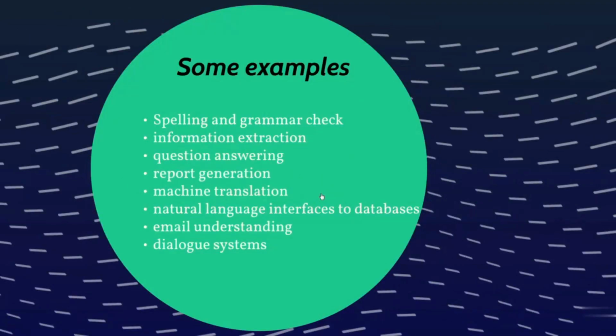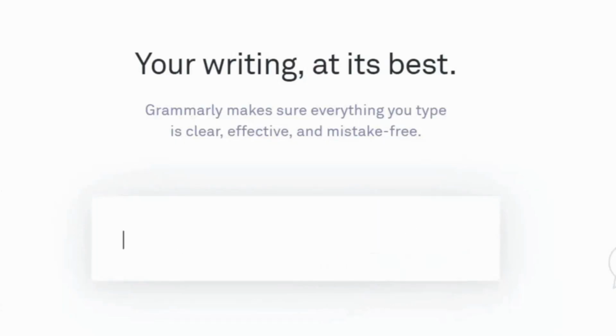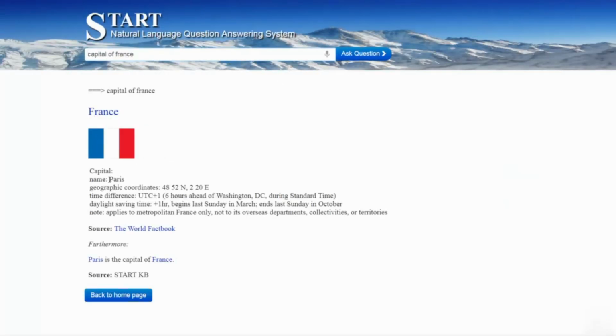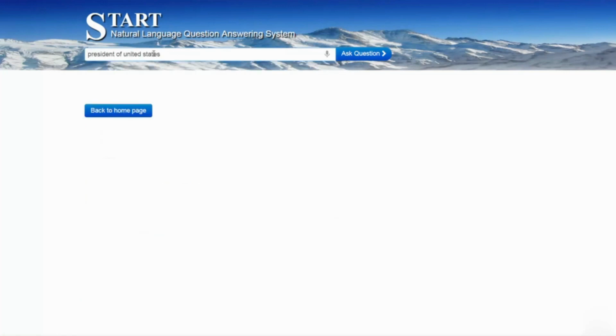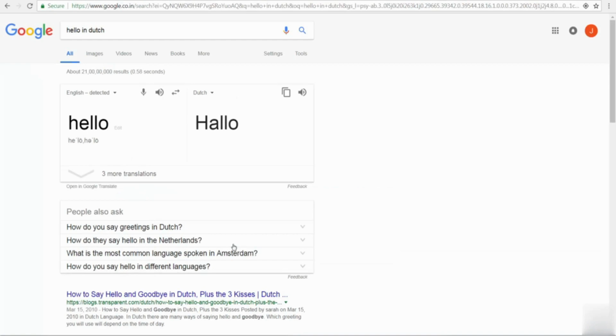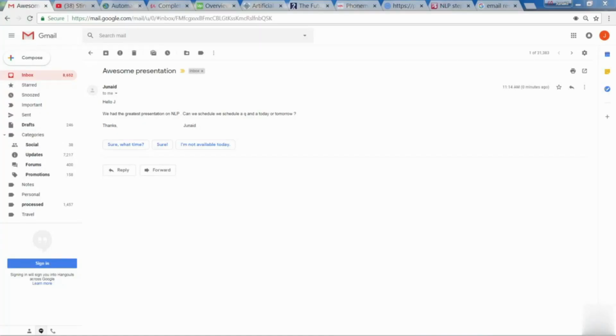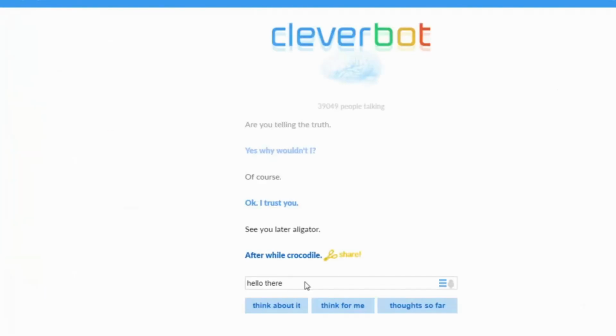The applications of NLP are all around us: spelling and grammar check, question answering, machine translation, NLP interfaces to the database, email understanding, dialogue systems.